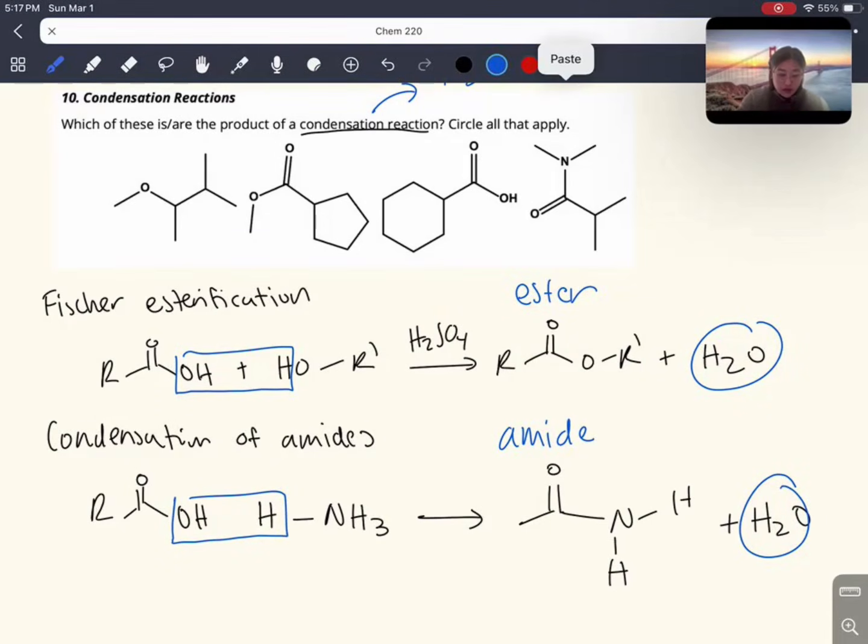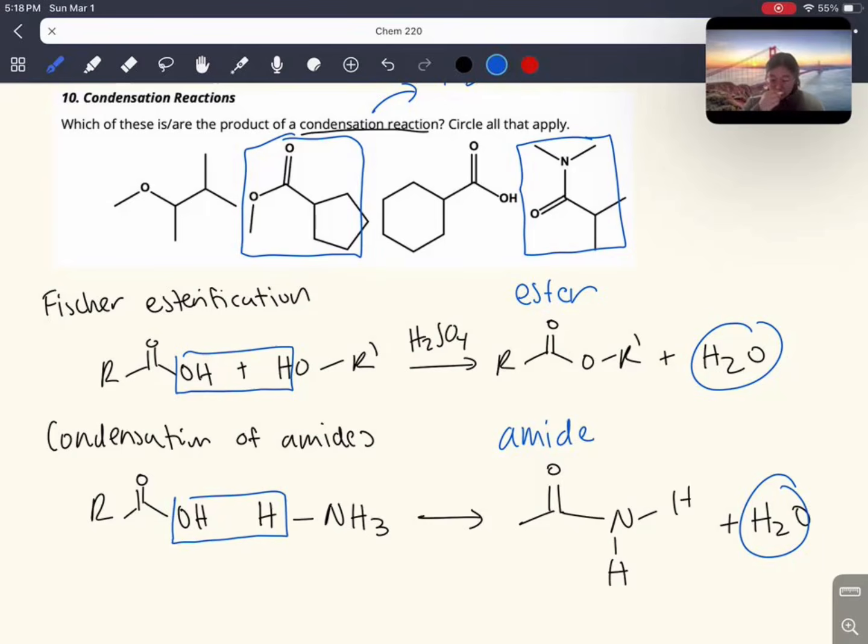If I look at these molecules, which ones are an ester? I can see this second one is an ester. So this molecule has the possibility of being formed by a condensation reaction. And then I can also look for amides, because you can form an amide and also have water be a byproduct. I can see this fourth molecule is an amide. You have the carbonyl CO group bonded to a nitrogen. And so these two molecules can be the product of a condensation reaction.